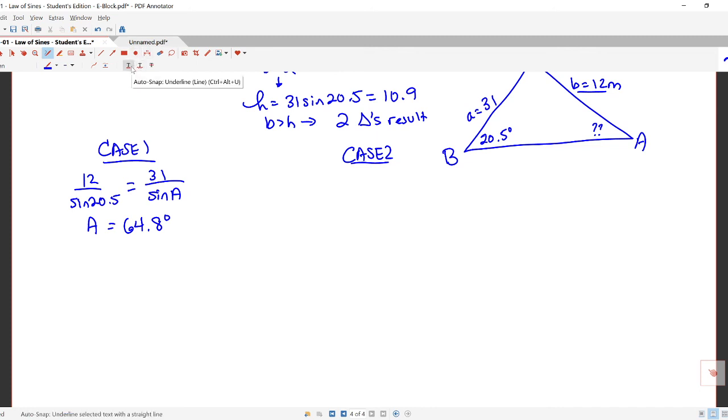If you go back in that video to look at the ambiguous case, that's that bottom right angle of that isosceles triangle. So the other angle A for the second case is going to be 180 minus 64.8, and that comes out to be 115.2.